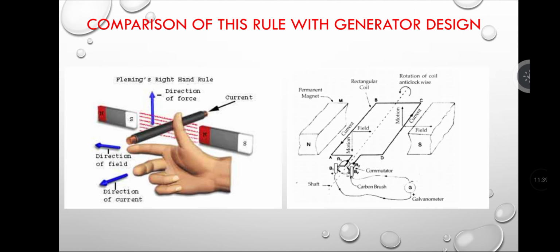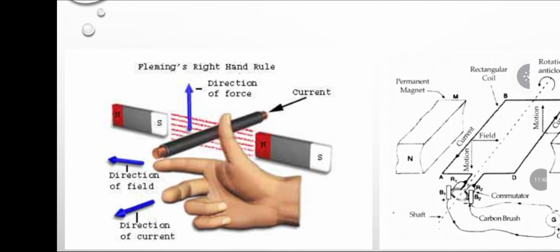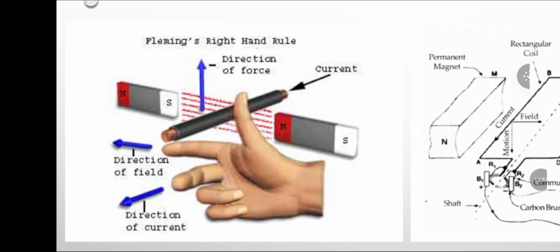Now let's compare this rule with the generator design. Let me zoom this one. See, the north and south poles are there. Magnetic lines travel from north pole to south pole, and between that there is an armature.